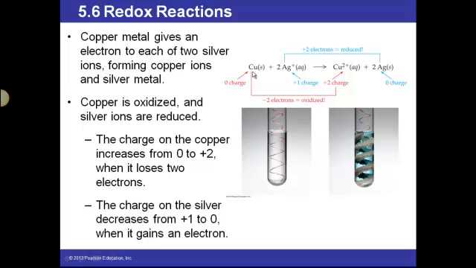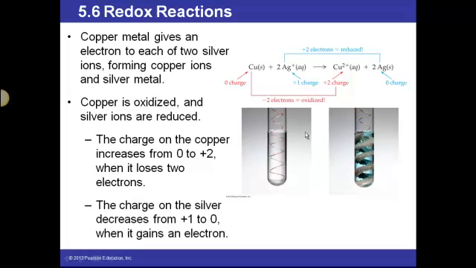The copper is going to react with this solution, and it is going to give up electrons to that silver. So now the silver is becoming elemental, and it is going to a solid state, and so it's precipitating. You can see the evidence of the silver precipitating out on top of the coil of copper that we initially put in there. So that's the silver that's precipitating out of solution.